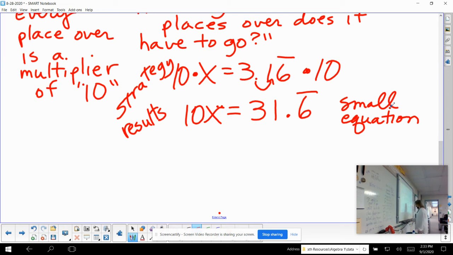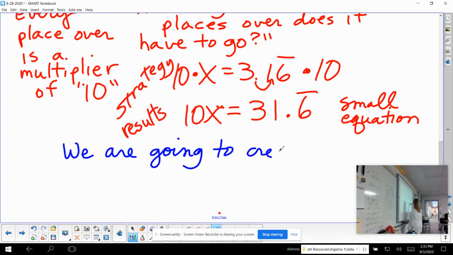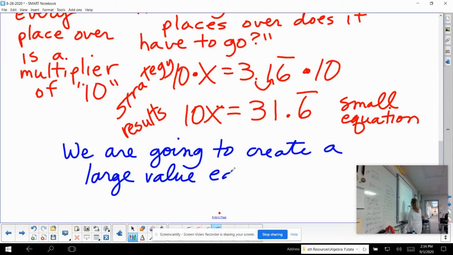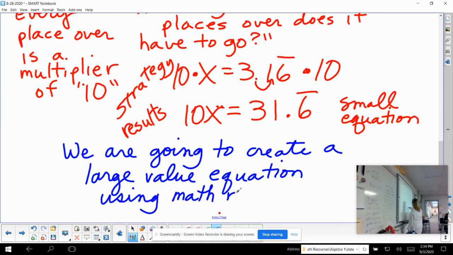So we're going to create a large equation, the large value equation, using math rules, to subtract from.